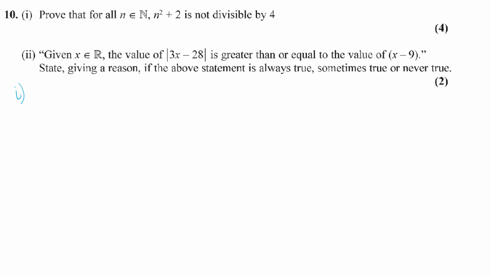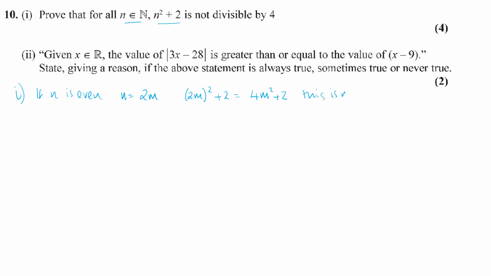So for part 1, we've got to prove that if n belongs to the natural numbers, that when we square it and add 2, then the result is not divisible by 4. So by exhaustion, I'm going to cover all cases and say that if n is even, and say that n is equal to 2m, which will ensure that it is even, that when we square it, 2m squared, and add 2, we're going to get 4m squared plus 2.